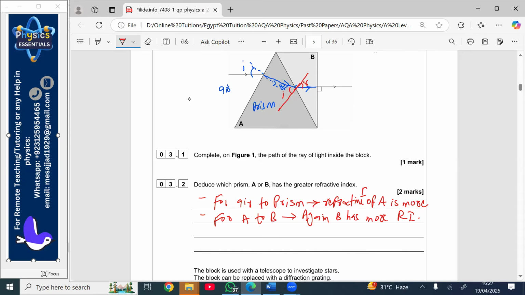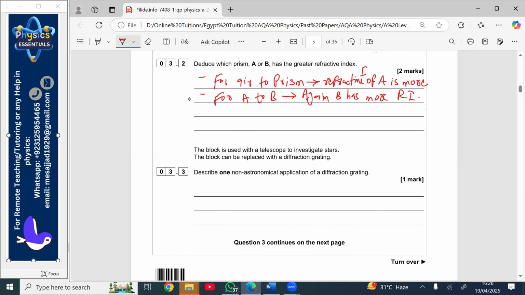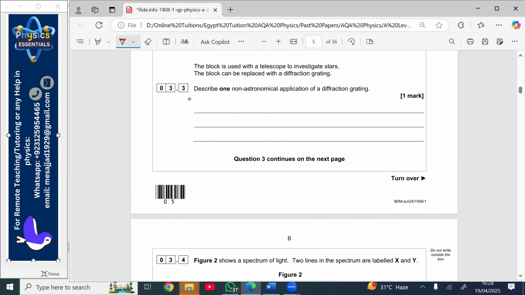So if you create a diagram in which the angle of refraction is more and the angle of incidence is less, then you have to write the opposite, because in the mark scheme they have mentioned that both answers are acceptable. You just need to show what you are doing. If you're creating an angle of refraction that is less and incident more, you have to write it the way that I have written. But if you do the opposite of it, you have to write the opposite as well. So both are acceptable.